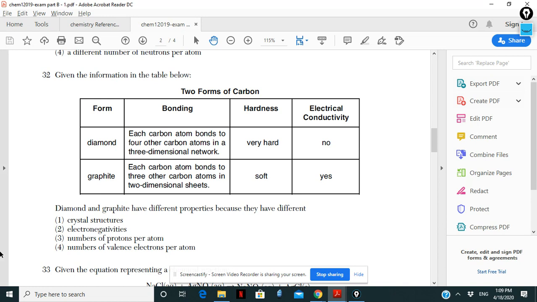So diamond and graphite have different properties because they have different crystal structures, which is the only one related to physical properties. Electronegativity relates to chemical properties, and the number of protons per atom and the number of valence electrons per atom are the same because they are the same element. So the only correct one is crystal structure.